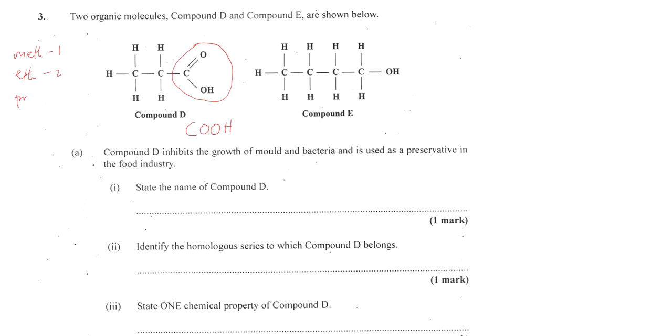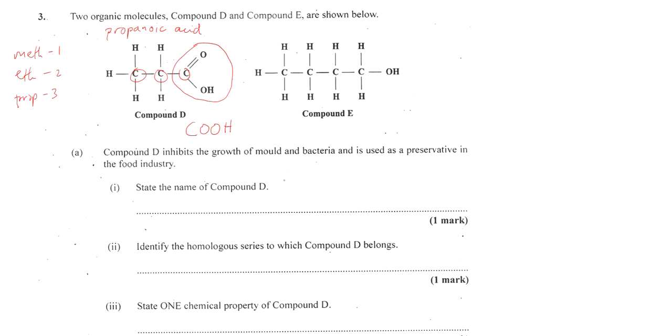Meth, eth, prop, we have 3 carbons. In this case we have 1, 2, 3 carbons, so therefore this is an acid and it is propanoic acid, right? So whenever you have an organic chemistry question, the first thing to do is identify what the compounds are, right? It will help you answer the question.